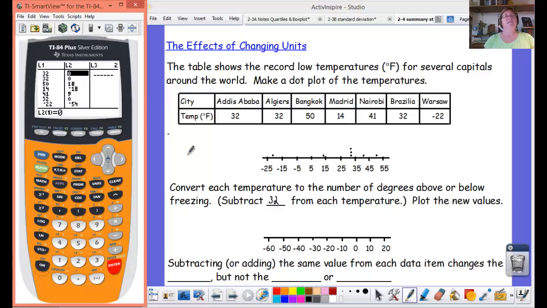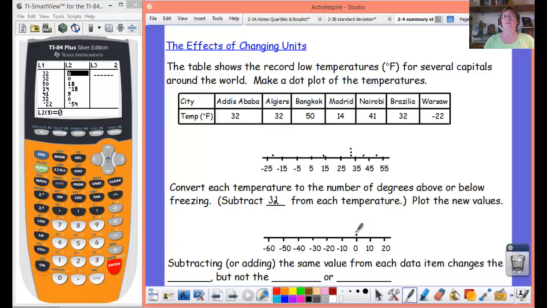As you can see, the things that were 32 turned into zeros. So we have a 0, a 0. We have an 18, a negative 18, a 9, a 0, and woof, a negative 54.